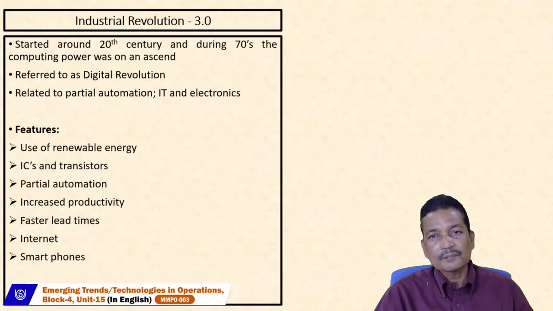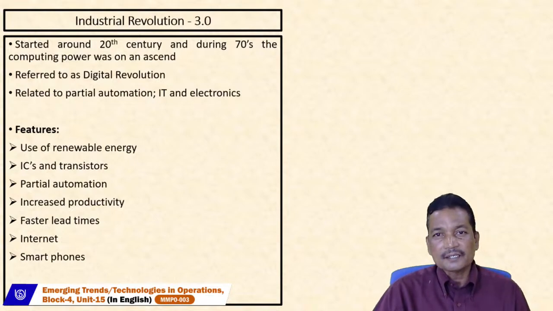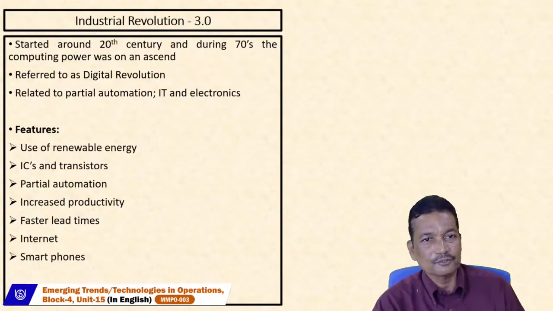Similarly, one of the major renewable energy source that the world is now looking forward is solar energy. So using the solar panels, the technology started to generate the power. So use of renewable energy ushered in during the Industrial Revolution 3.0.